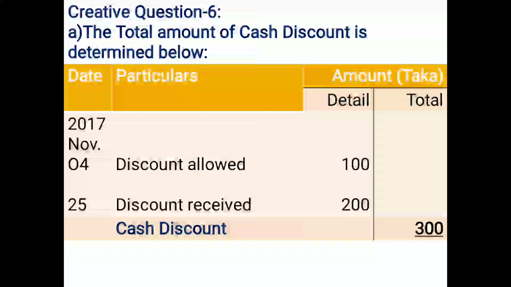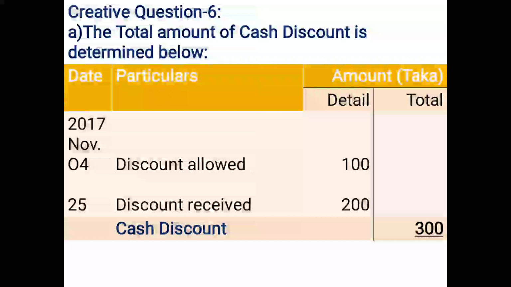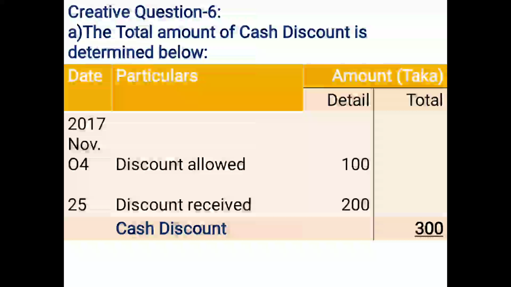Discount is of two types, that is cash discount and trade discount. Trade discount is involved in goods purchased and goods sold, but cash discount is involved in paying to creditors or receiving from customers or debtors. So cash discount is only related to paying or receiving amounts to or from other parties.